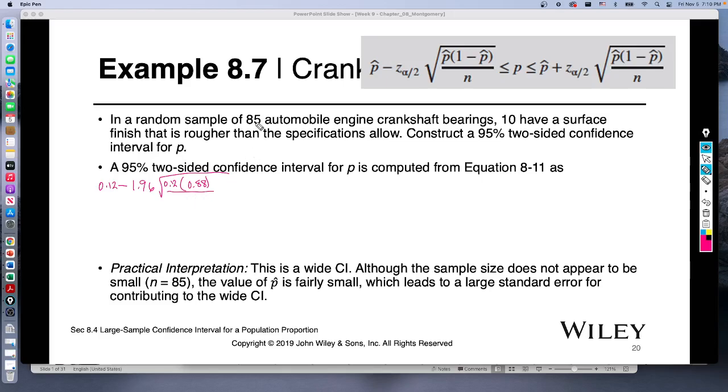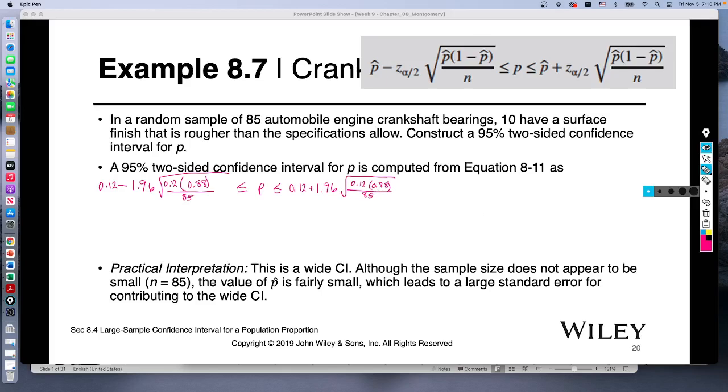Over n, we had 85 as our sample size. And that's going to be one side of it. Then we do 0.12 plus 1.96 times the square root of 0.12 times 0.88 divided by 85. Okay, and that'll give you your confidence interval.